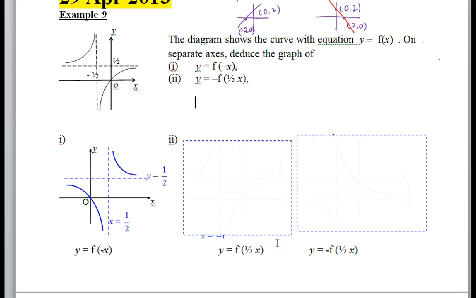Replace x with half x. Scale parallel to the x-axis, factor 2. Very good. So which means you multiply all your x coordinates by 2. Okay, can. Okay, do it yourself. Sketch it down on your own. Shouldn't be a problem. This one, I'm not about to go through this one. Just do it on your own.